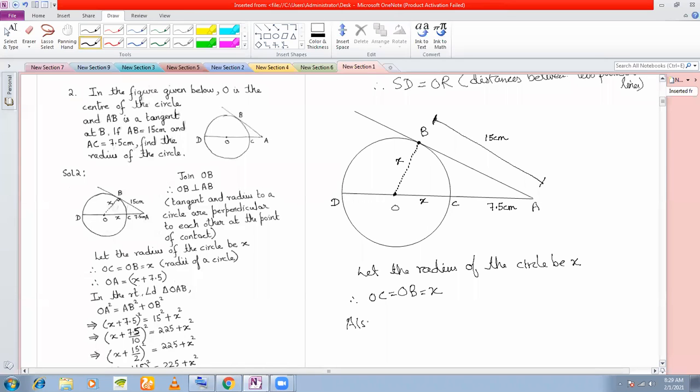Also write OB is perpendicular to AB. So this angle here is 90 degrees because radius and tangent are perpendicular at the point of contact.